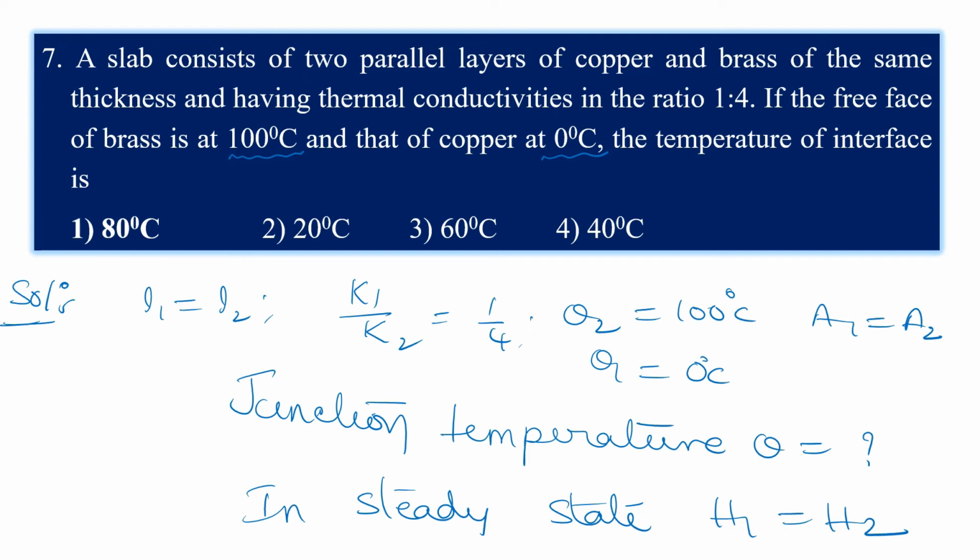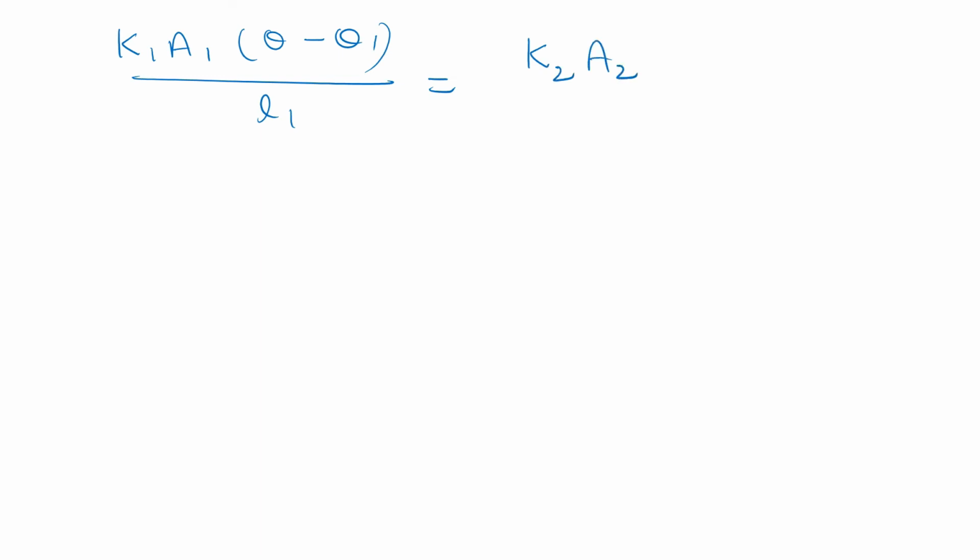Now substituting formulas, H1 is K1 A1 (theta minus theta 1) by L1, which is equal to K2 A2 (theta 2 minus theta) by L2. Here A1 is equal to A2, L1 is equal to L2.